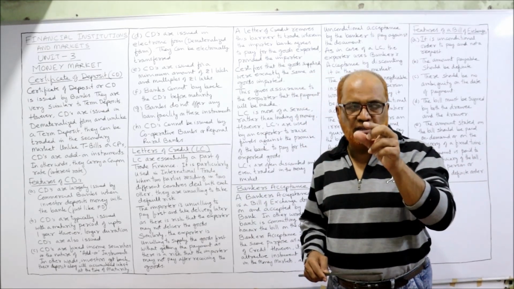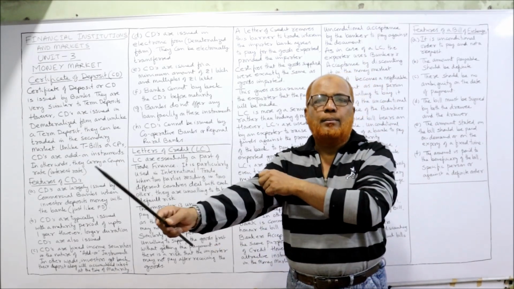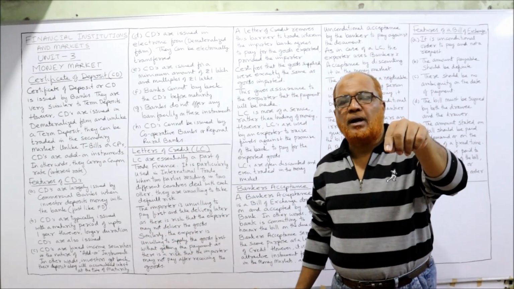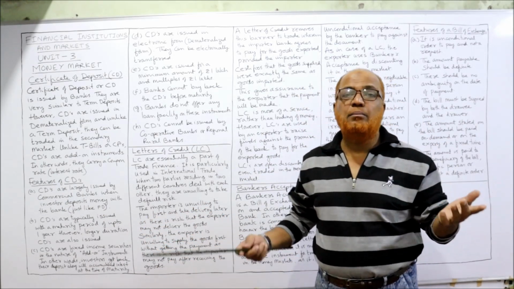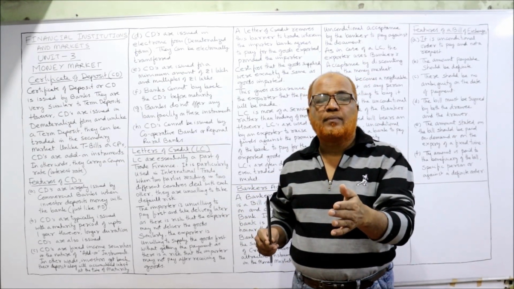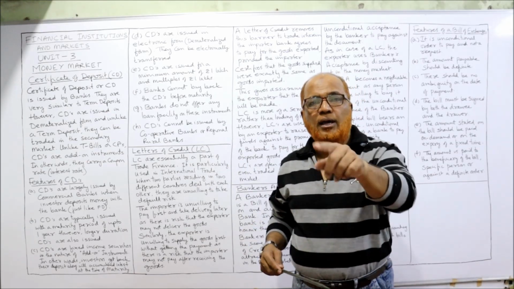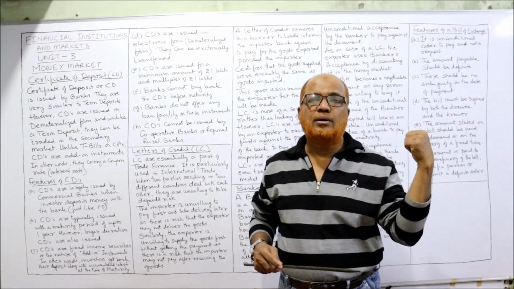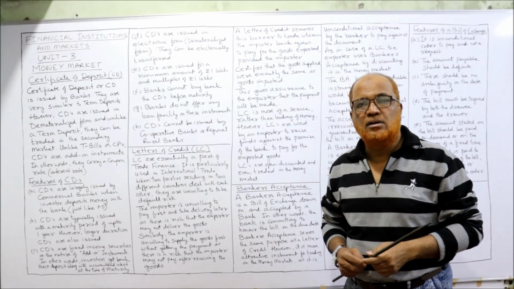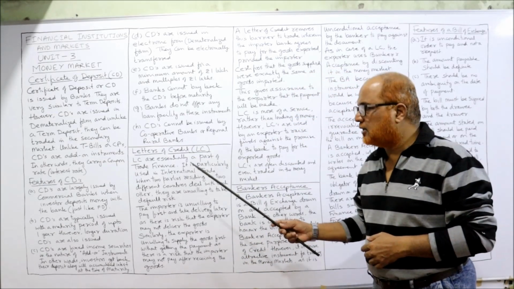Both of them want to strike a deal, buyer and seller, but there is a possibility of default risk. One of the parties may fulfill the obligations, the other party may not. The importer has bought the machinery, but he has not paid the amount. Or the importer has paid the amount, but the exporter has not delivered the goods. That is called default risk. So there are chances of default risk in international trade.